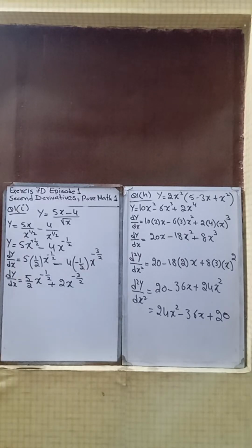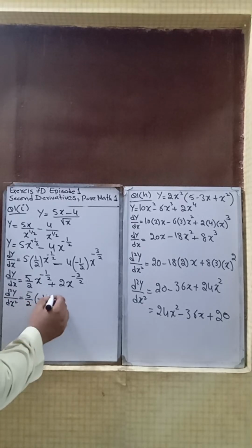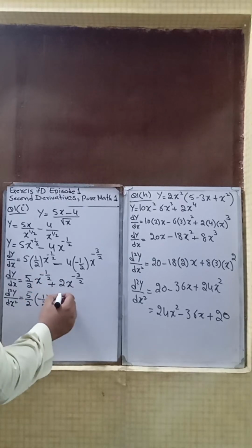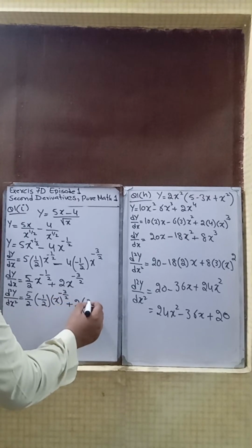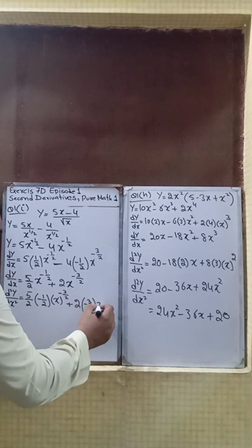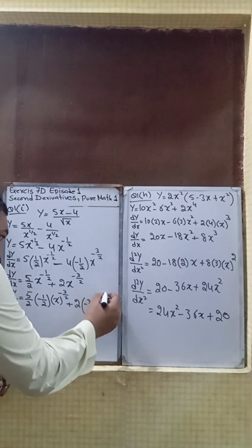Then I will again derivate it, and that will be my second derivative. Okay. So d square y by dx square equals 5 by 2. This power minus 1 by 2 comes on the side, and the x power will be minus 1 by 2 minus 1, that is minus 3 by 2. Then you have plus 2 into minus 3 by 2 into x raised to power minus 3 by 2 minus 1, that will become minus 5 by 2.